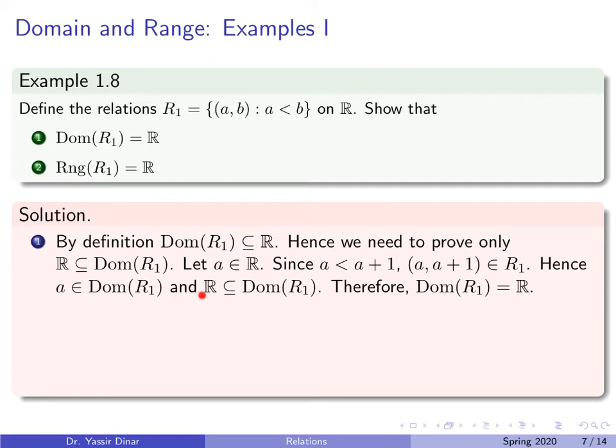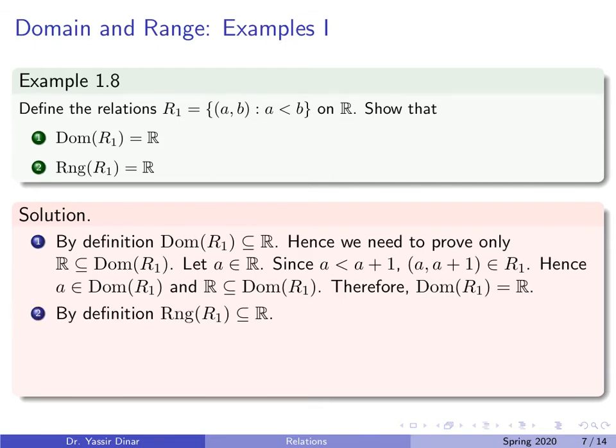I just proved that R is a subset of the domain, because we take any real number and found that this element is in the domain. And so from this one and this one, we have our first identity, that the domain of this relation is the set of all real numbers.